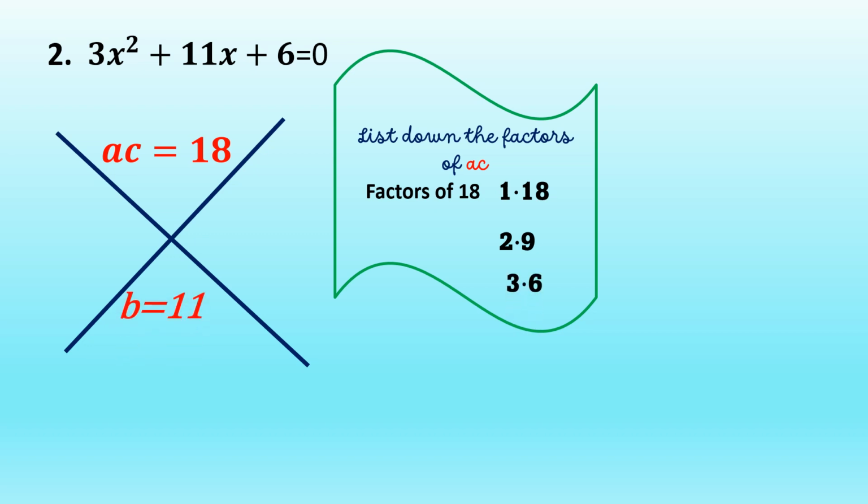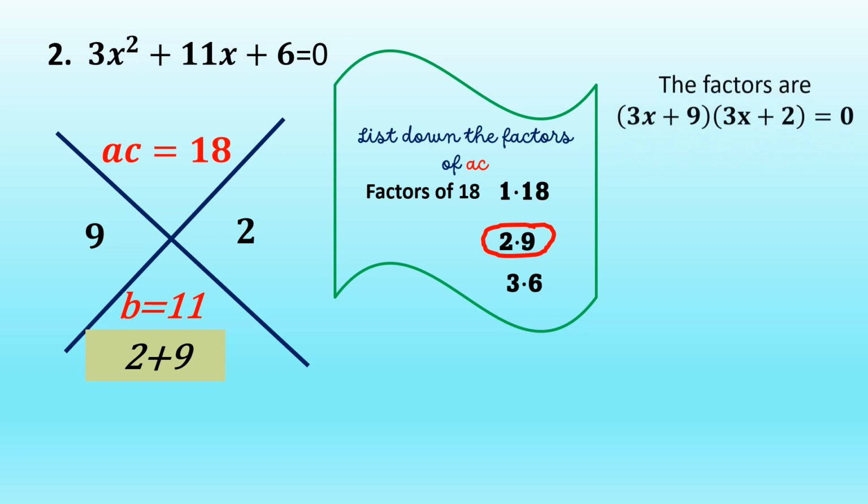Take note that b is equal to 11. Which pair of factors have a sum of 11? It's 2 and 9. So we write here 2 plus 9 equal to 11.